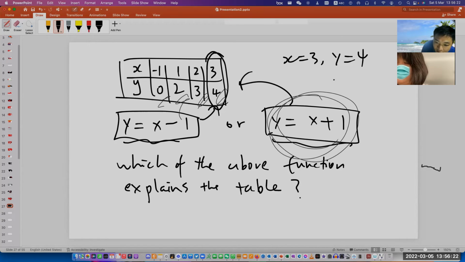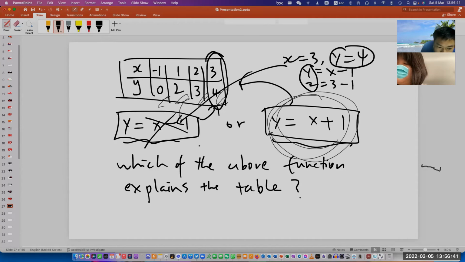So just check. Let me check this first. y equals x - 1. Let me put my x into it. x is 3 - 1, so it's 2, right? So your y is equal to 2, but the table shows y equals 4. So that means this does not explain the table.